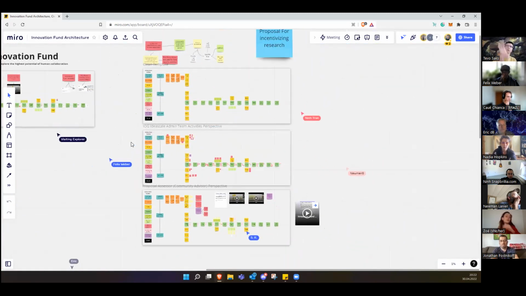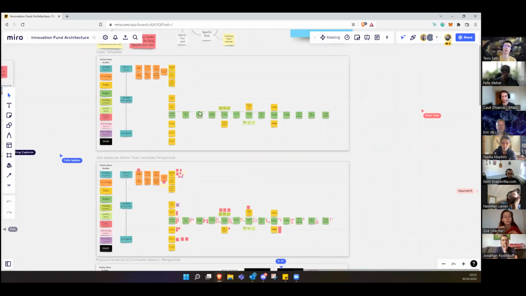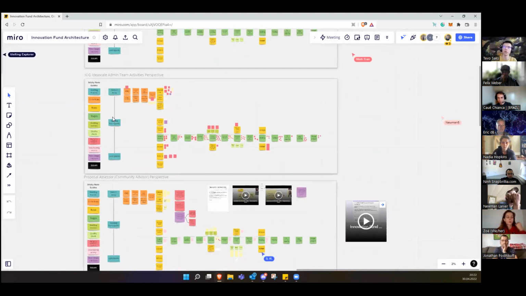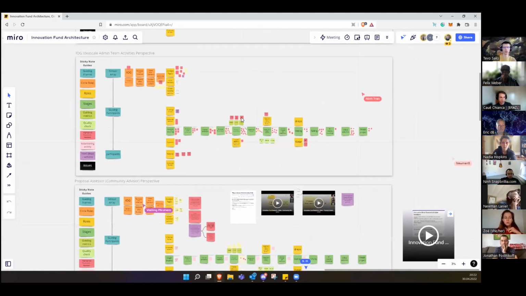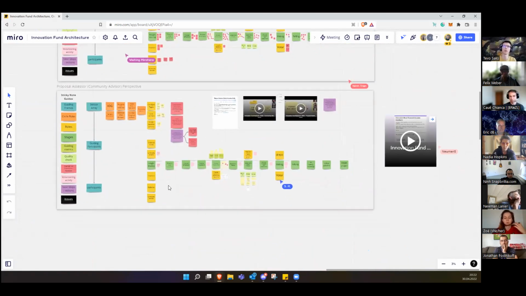The goal is to use that same clean template, where there is no information, and duplicate it through different perspectives. So I had one session with Marek where we took what he's doing for the teams and other roles and relations, and then the proposal assessor.